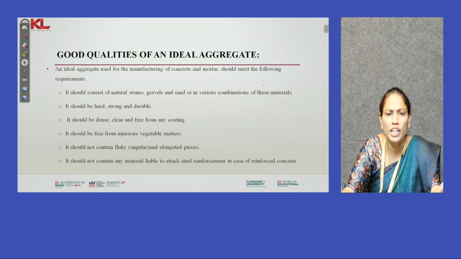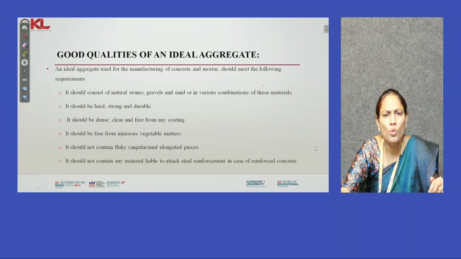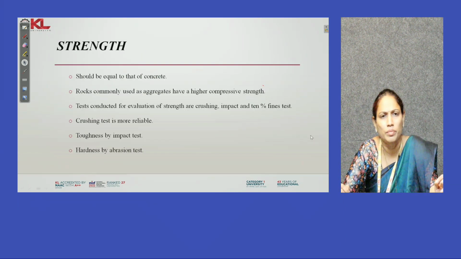It should not contain flaky or elongated pieces, because pieces of higher length will not give higher strength to the concrete, and it should not contain any material liable to attack steel reinforcement in the case of reinforced concrete. Generally we go for natural sand and natural stones rather than artificial ones.